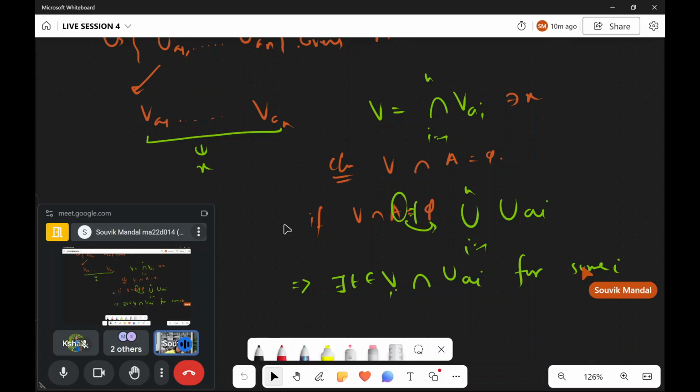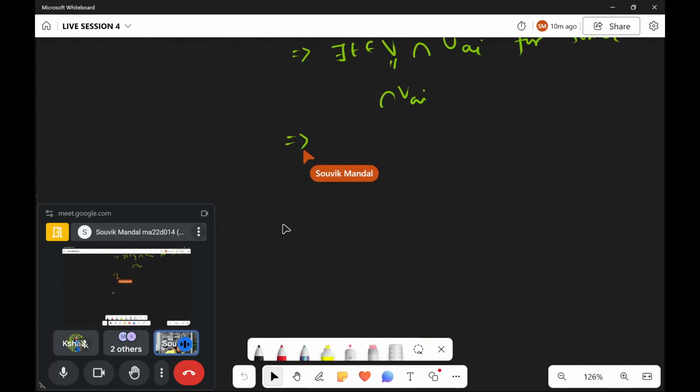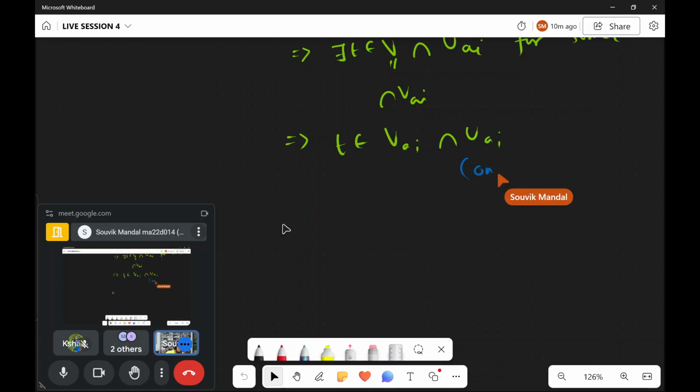And V is the intersection of the V_{ai}. So this implies t belongs to V_{ai} intersection U_{ai}, which is a contradiction, correct? Am I right? So this is the argument.